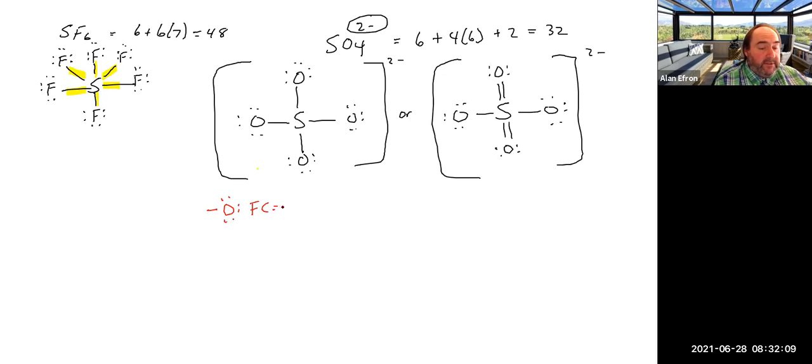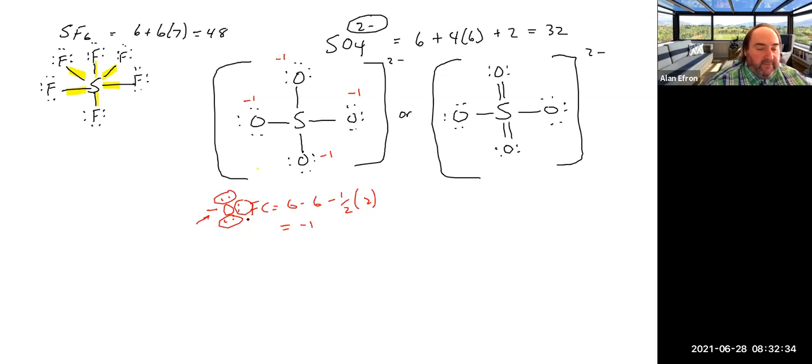The formal charge here would be 6 minus 6 for the non-bonding electrons, minus 1/2 of our bonding, which is 2 for this guy right there. And that's going to give us a -1, 6 minus 6 minus 1. That means all these oxygens are the same. So all these oxygens in this structure are carrying a -1 charge.